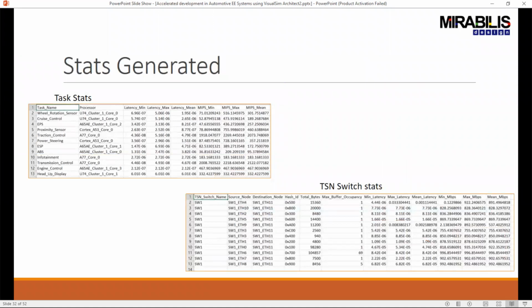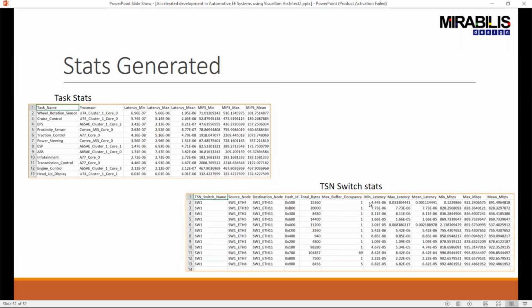Then these are the list of statistics that are generated from the simulation model. Here we could see the per task stats. For each of the tasks, we generate the statistics corresponding to them and display them. This is per task, so it is very useful from the software perspective. We could see how much each task consumes.